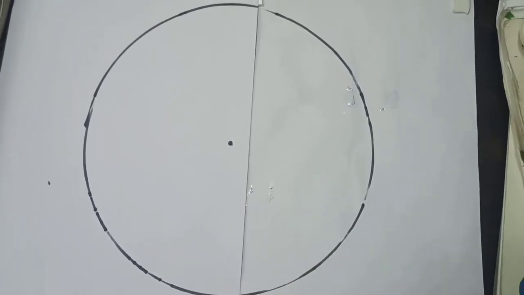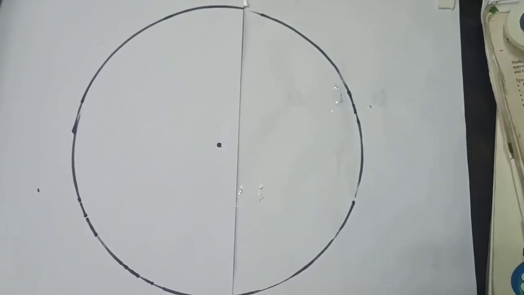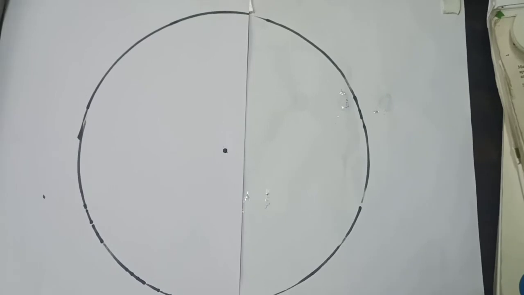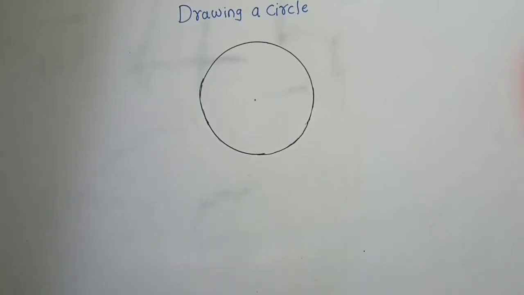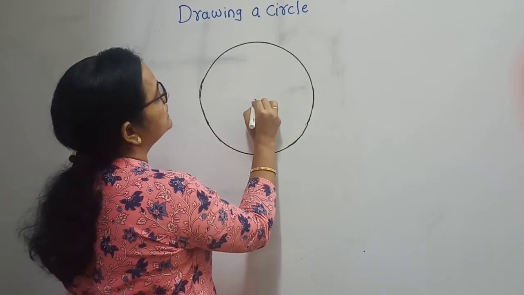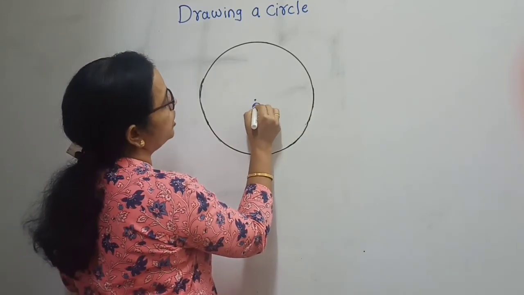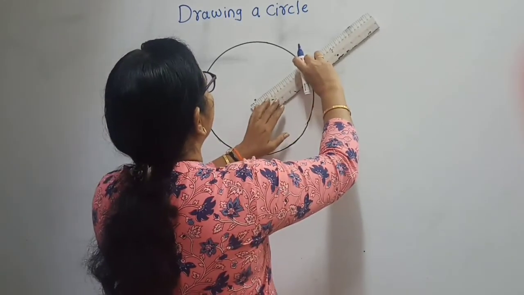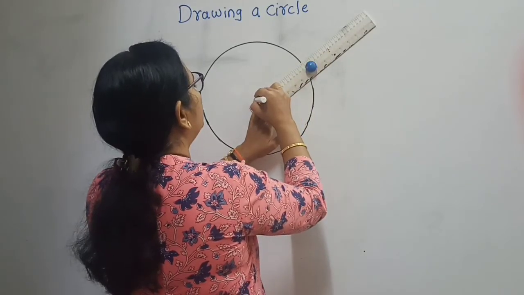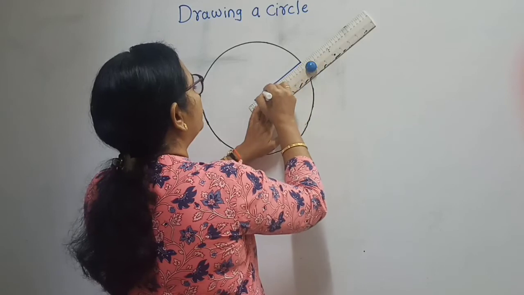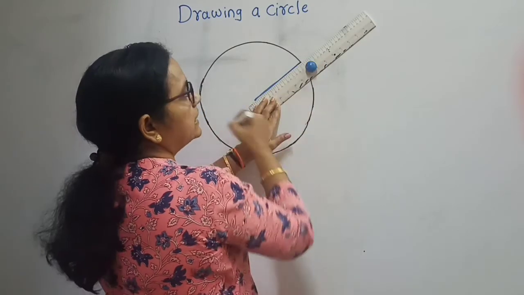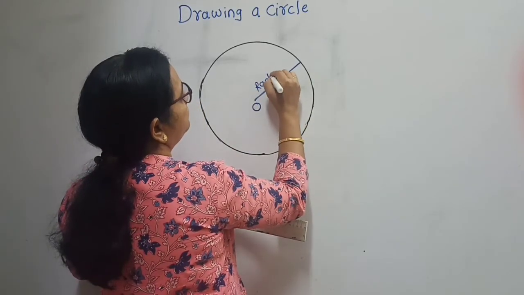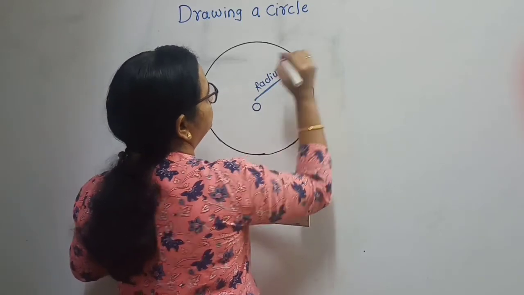Now we will show the radius, diameter and chord on this circle. This is the center point, it is O. Now the radius, from the center point to another point on the curve, this is a radius, OA.